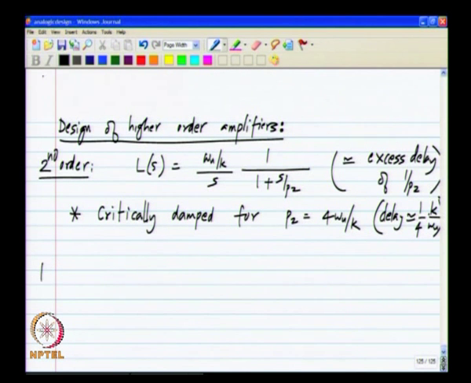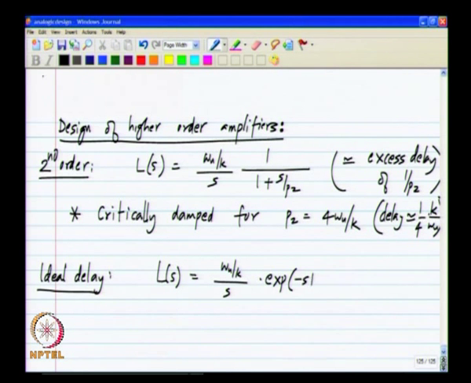And for a system with an ideal delay, the loop gain is again of the form of an integrator with some extra delay, and this is exactly equal to an excess delay of Td.